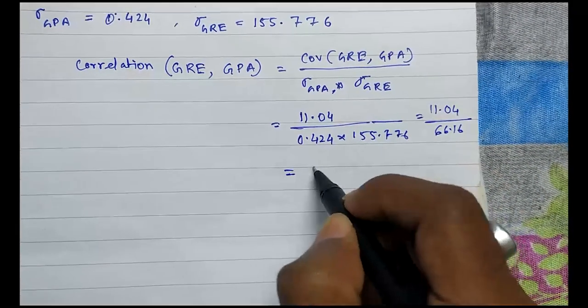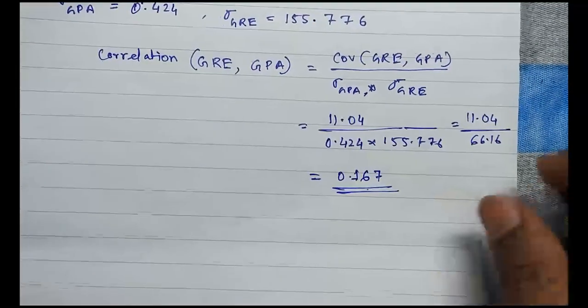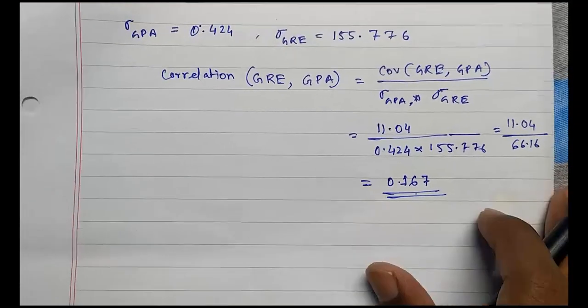That means 0.167. This is the correlation between GRE and GPA. This is for simple correlation.